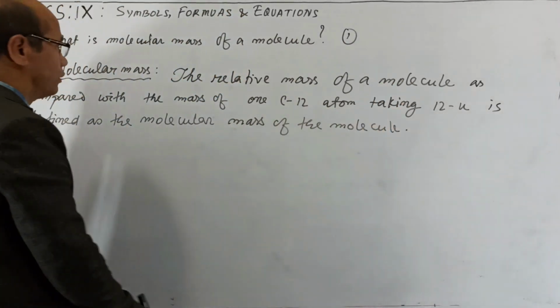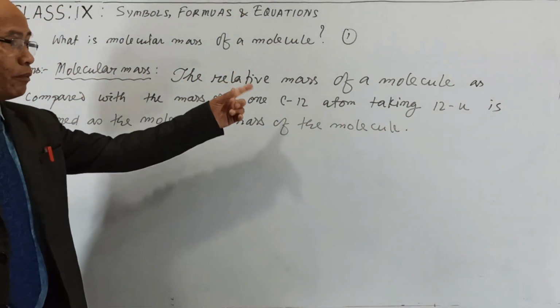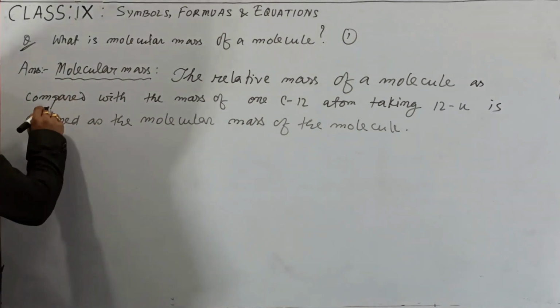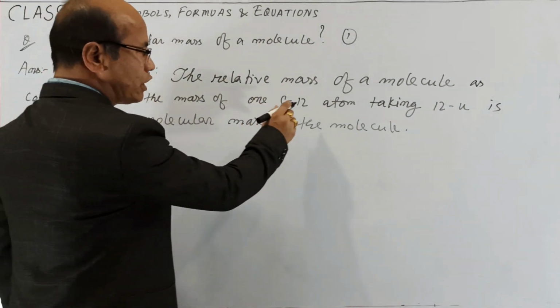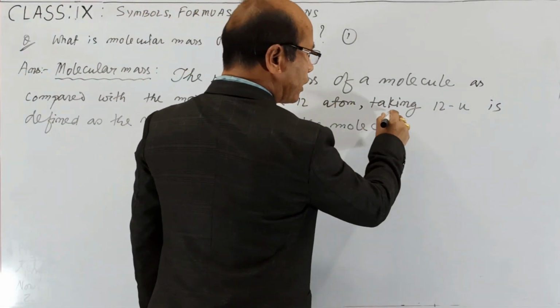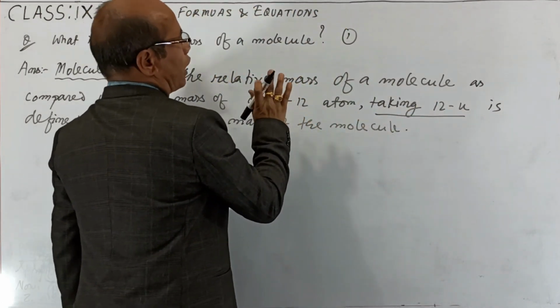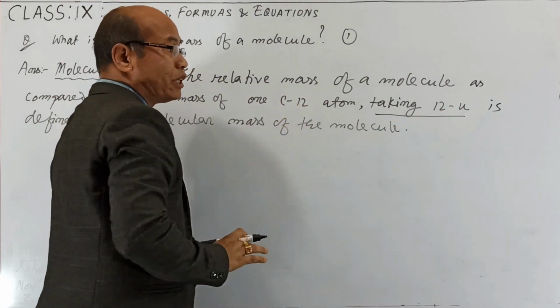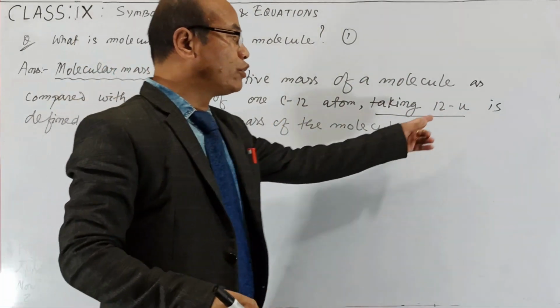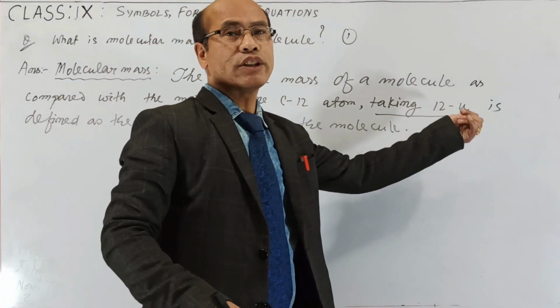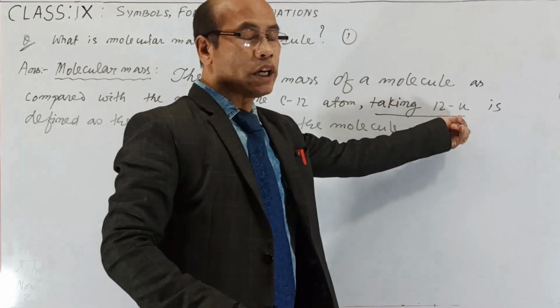Taking 12 U means the atomic mass of the C12 atom is taken as 12 U. U means unified mass, which is also equal to atomic mass unit.